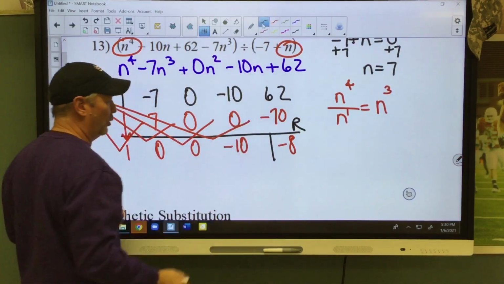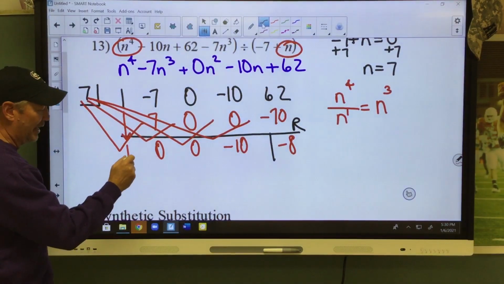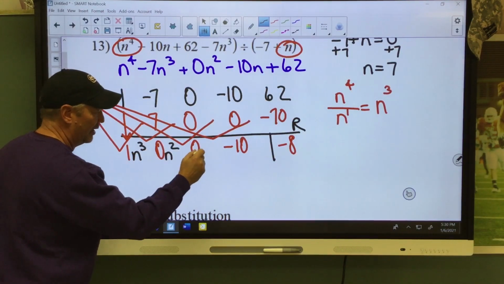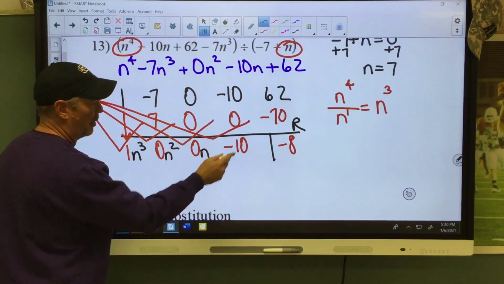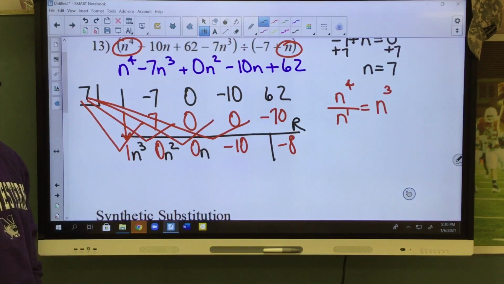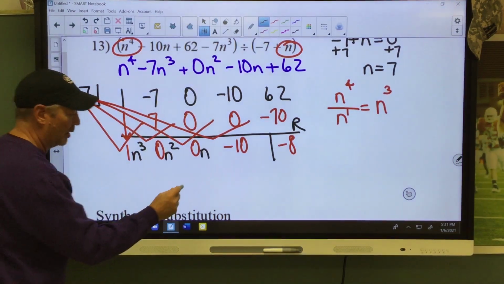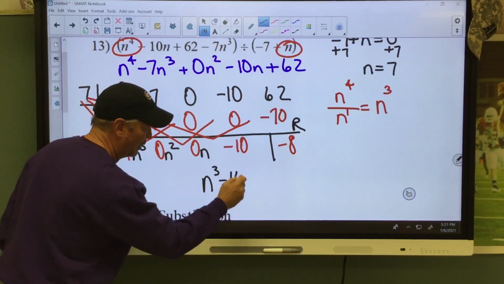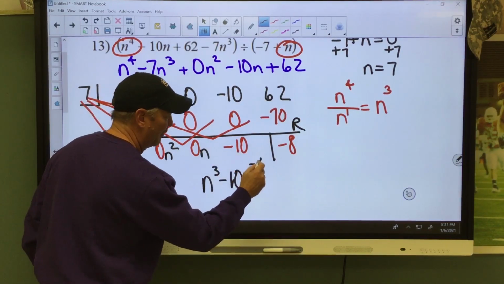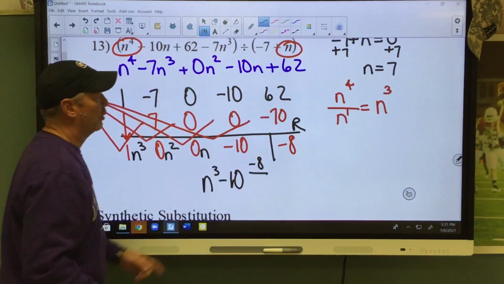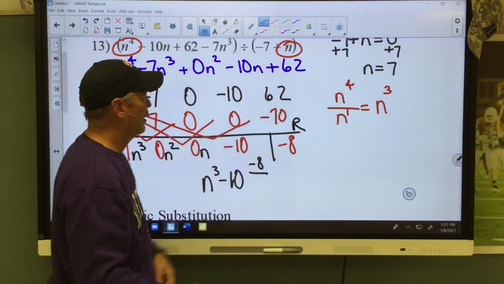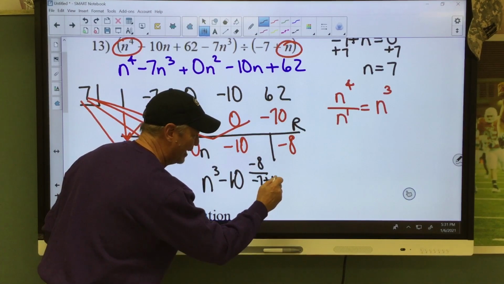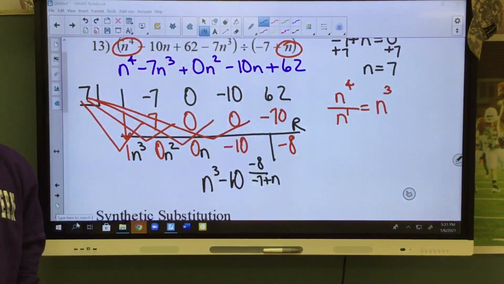So what I'm going to start with is n to the 3rd, n to the 2nd, n to the 1st, minus 10. Final answer: n to the 3rd, minus 10, with the remainder of negative 8 over, look at your original divisor, negative 7 plus n. That would be my final answer.